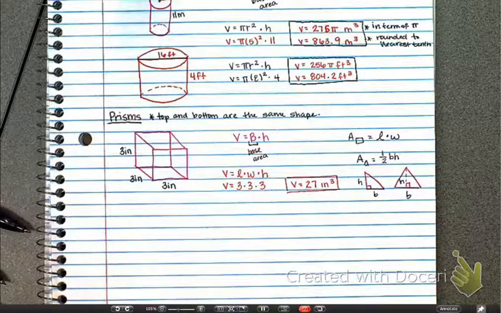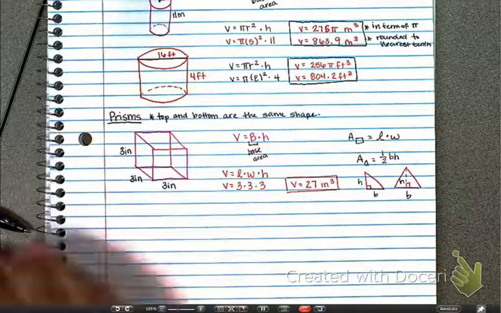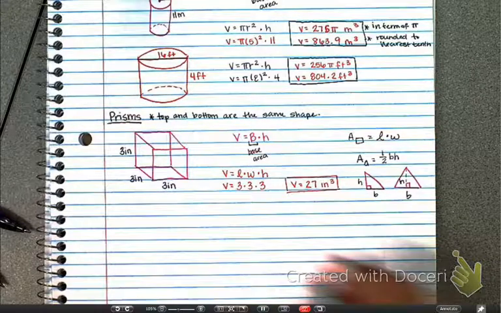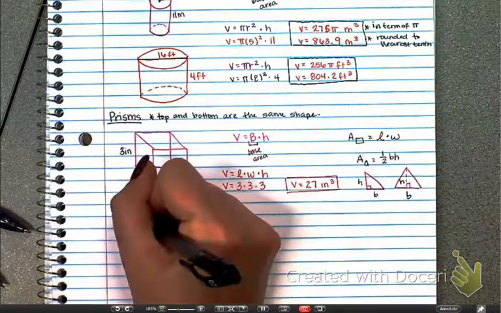Okay, so we are going to draw, and you're going to watch me, I'll do it slowly. We're going to draw a right triangular prism. You ready? We're going to start by drawing a right triangle.